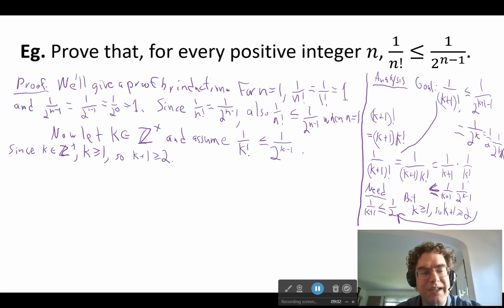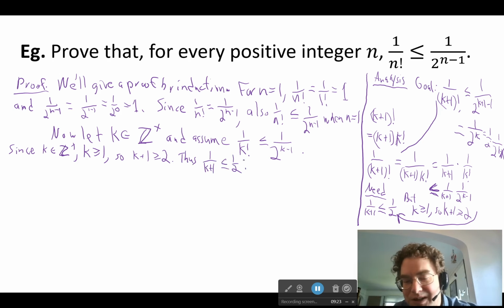Let's take this one more step. Again, you can kind of switch whenever you feel like it here to looking at the k plus 1 case. I'm going to say, thus, 1 over k plus 1 is less than or equal to 1/2. Okay, that's kind of the key point here, as we saw at the end of our analysis.